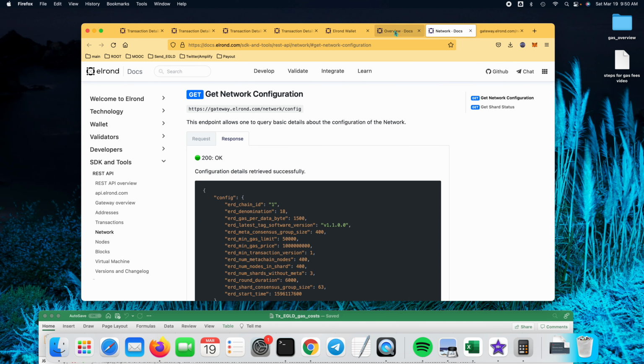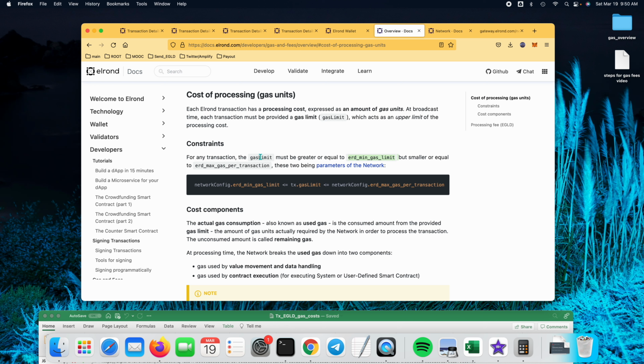So, gas limit. They talk about gas limit for any transaction. Now, this is not provided by the network. This is what you provide. And let's go ahead and look at an example of a transaction where we would define a gas limit.